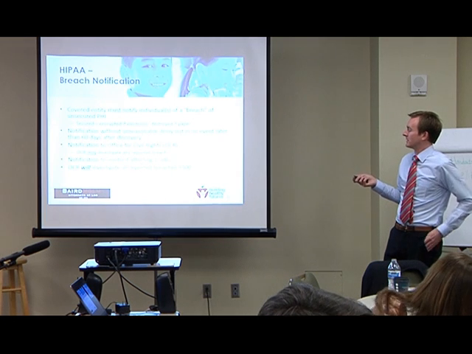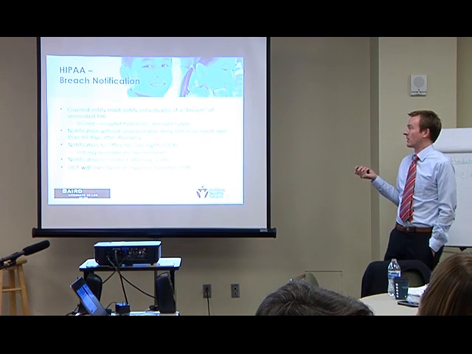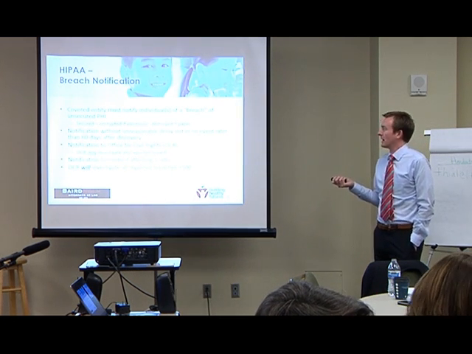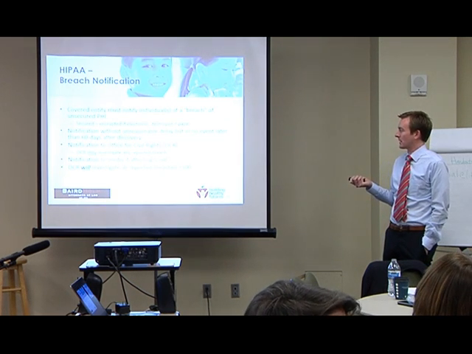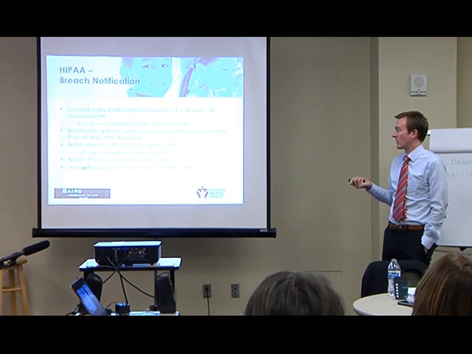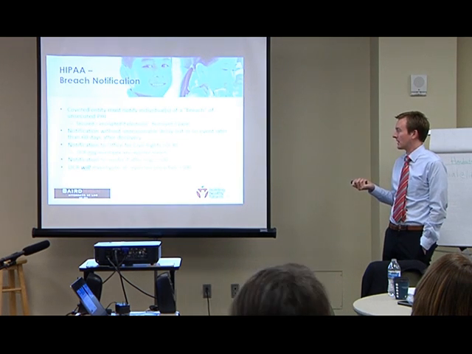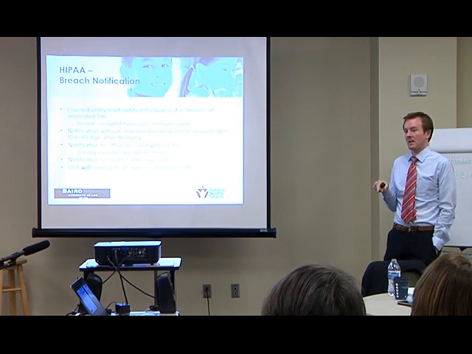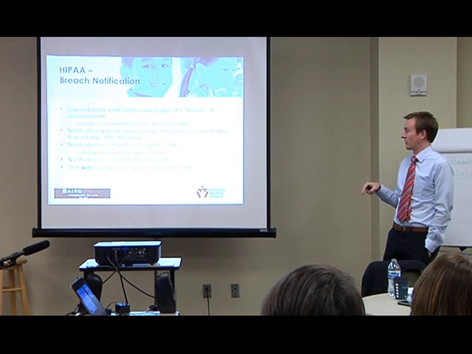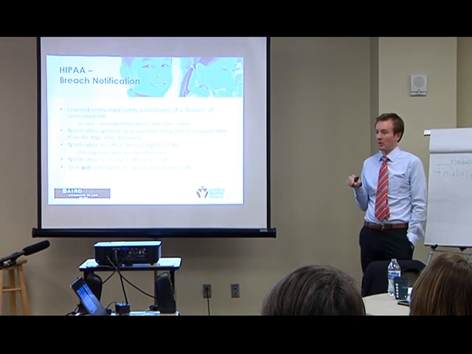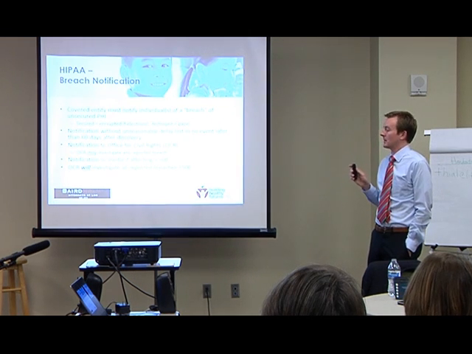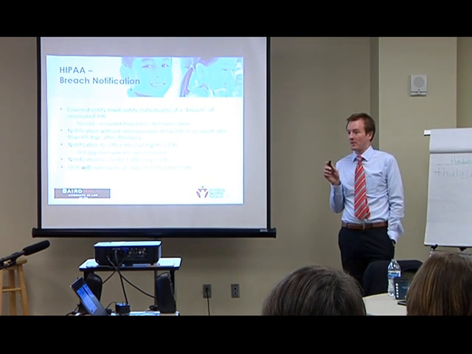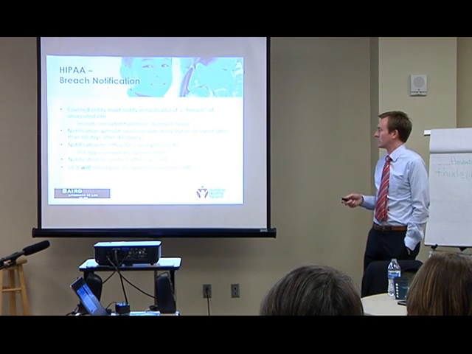So a breach is, the covered entity is required to notify the individual of a breach, and also required to notify the Office for Civil Rights. If you have over 500 individuals affected, you'll not only be immediately investigated, but you also have to make notification through the media, which is always a little embarrassing, and nobody wants to do that, but it happens. That's why you have to count every single breach.